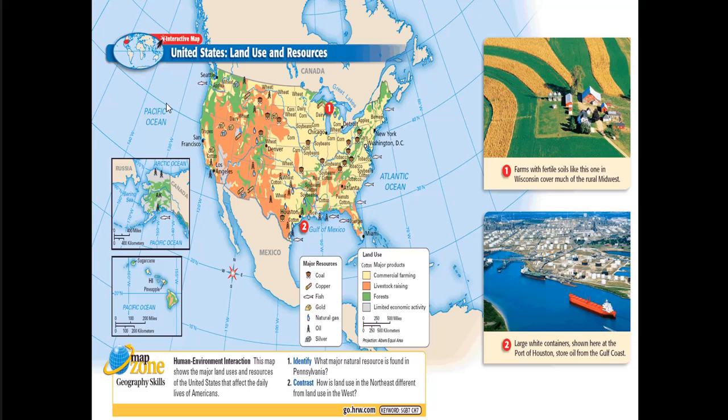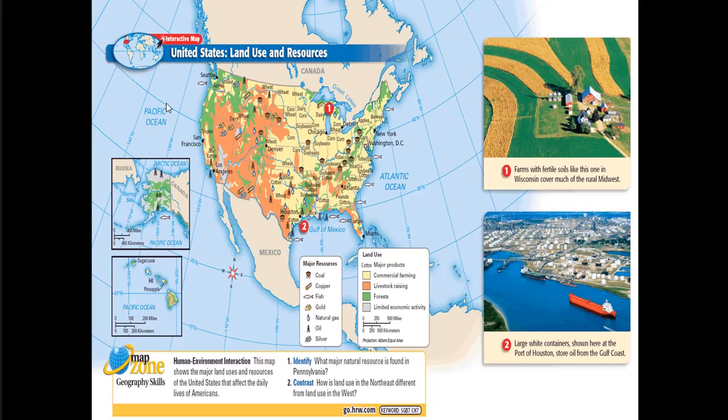You'll see that running through the western and the southern part of Texas. Forest, you've got a lot of forest in the Northwest, and where it's gray, that's limited farming, limited livestock, and limited forest.